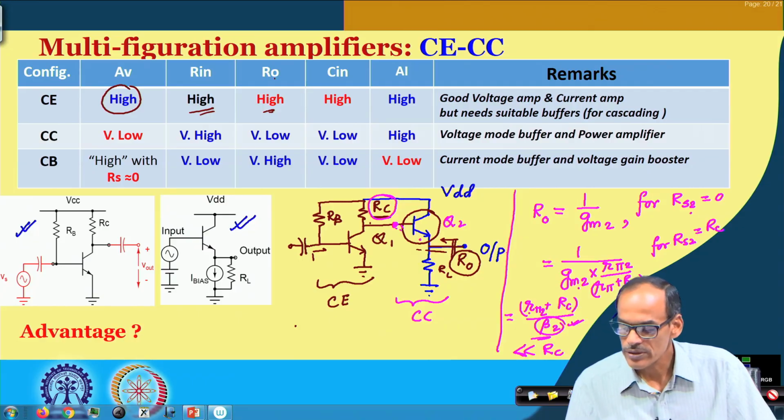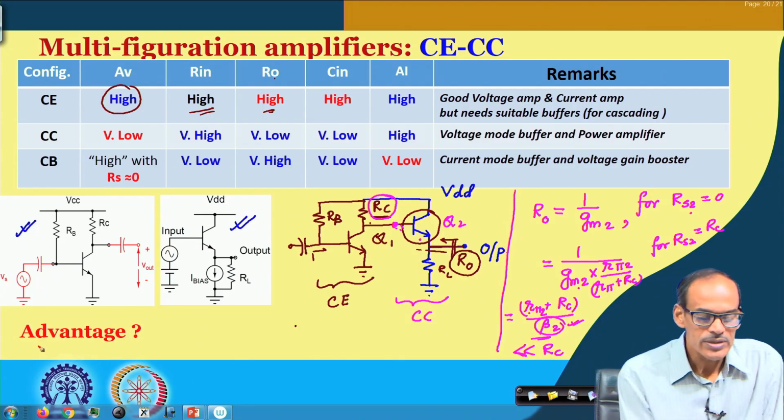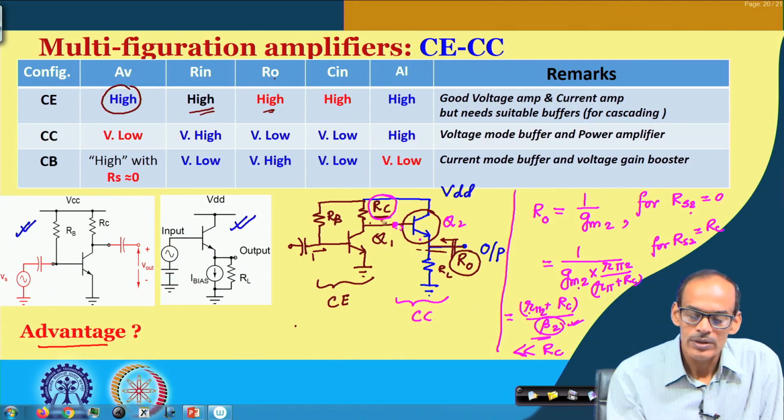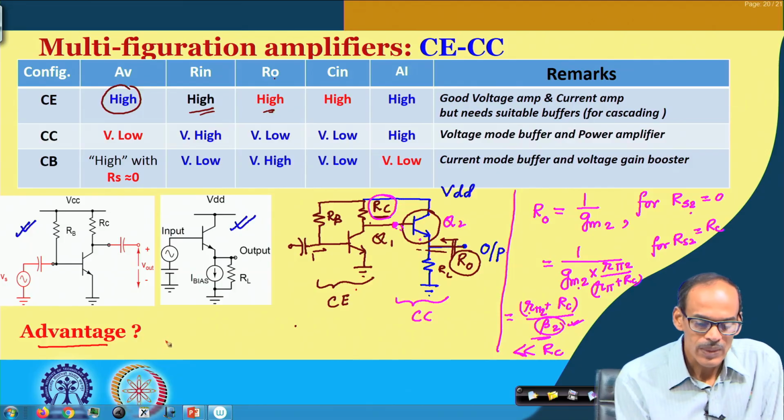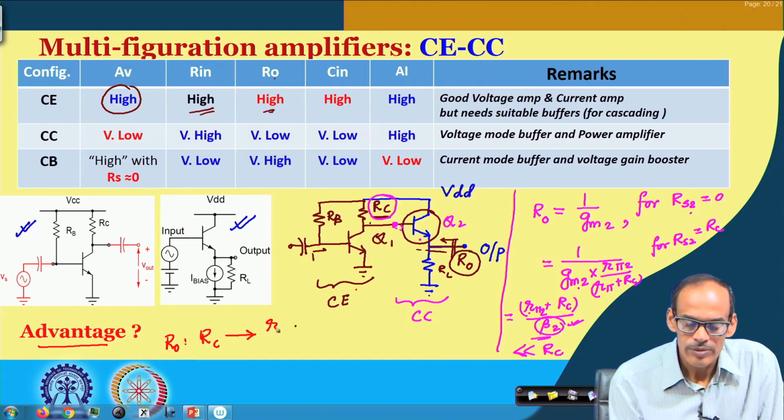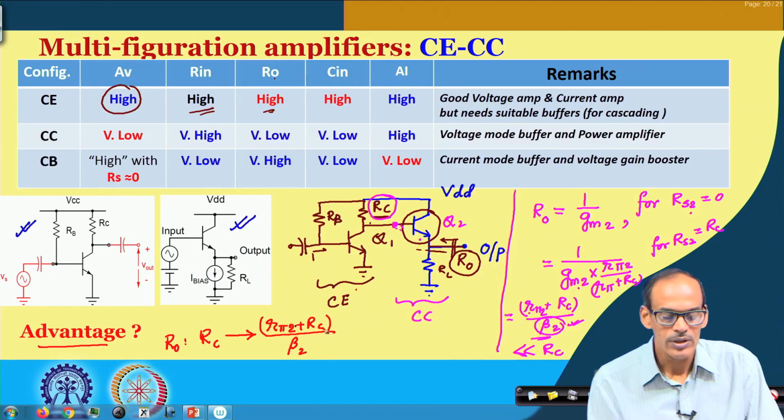So, what is the conclusion? The main advantage here is, if I have only CE, the R out was Rc, that is getting changed to R pi 2 plus Rc divided by beta of the second transistor, right.